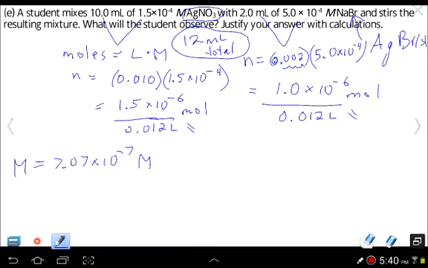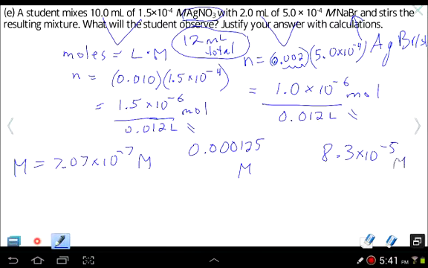So 1.5 times 10 to the negative 6th divided by 0.012. Here we get 0.000125 molar. And in the second case we have a similar 1.0 times 10 to the negative 6th divided by 0.012. Here we have 8.3 times 10 to the negative 5th molar.